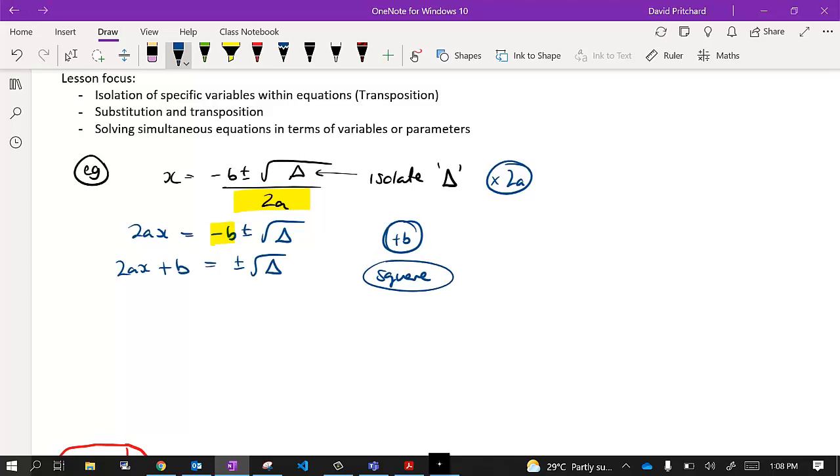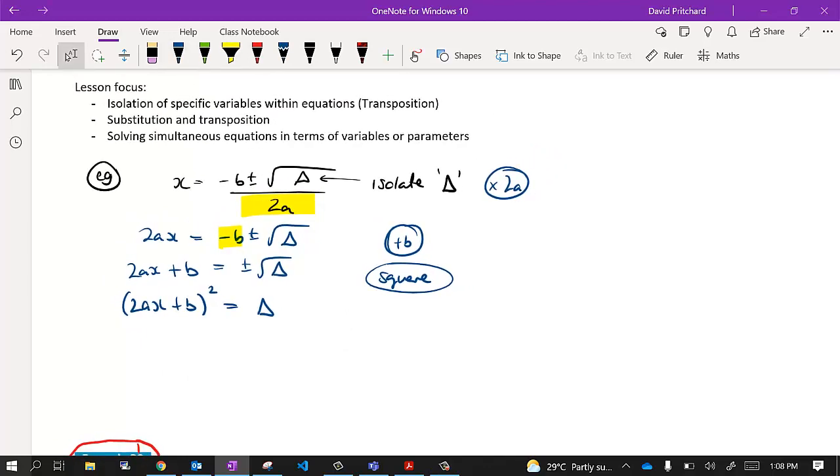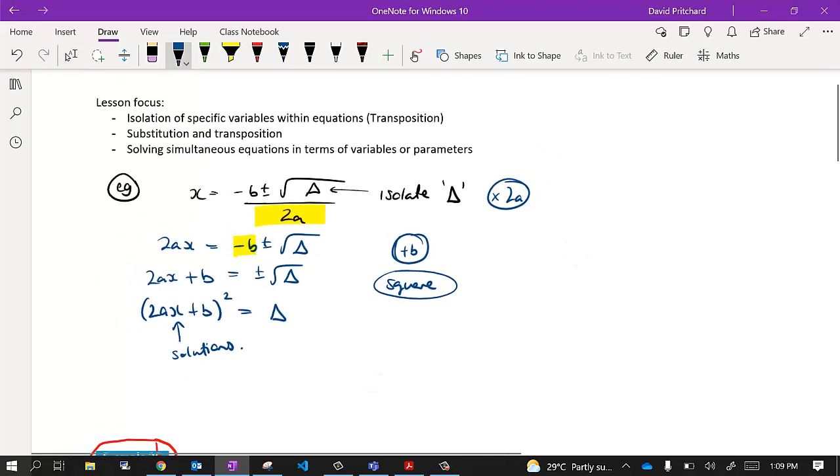So if we square, then we get 2ax plus b all squared, and that will be equal to the discriminant. If you're not sure what happened to the plus or minus when you square, obviously the outcome will always be positive. All right, so what this is saying is that there's another way to determine the discriminant. I'm hoping that makes sense.